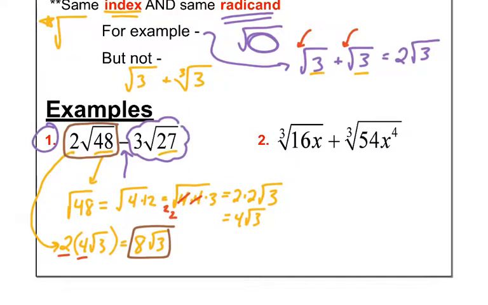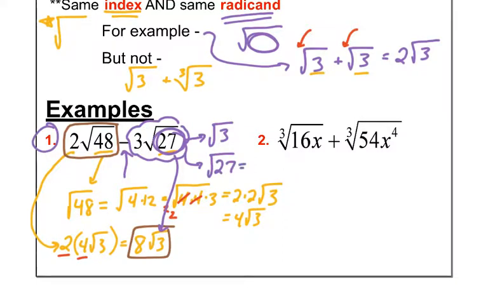Now, use a little bit of logical reasoning here, folks. If we're going to be able to add or subtract them, we know they have the same index, but obviously we need to change this 27 to match this, because I can't simplify that 3 anymore. So I kind of know that I want this radical to be a radical 3 left over on the inside. Well, maybe that'll help us out. Knowing that you want a 3 left over, let's just look at 27 as a square root.